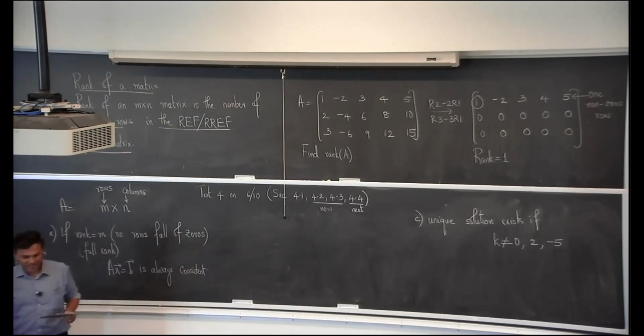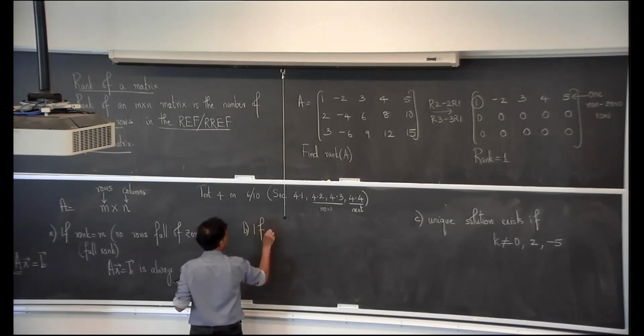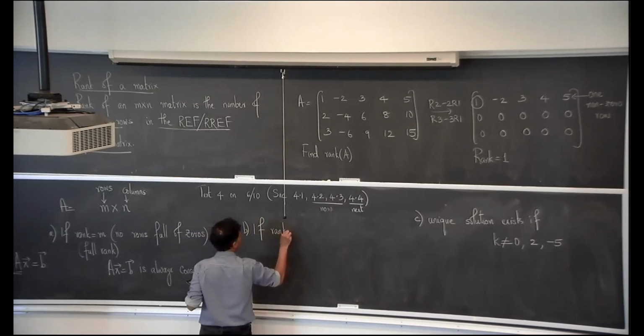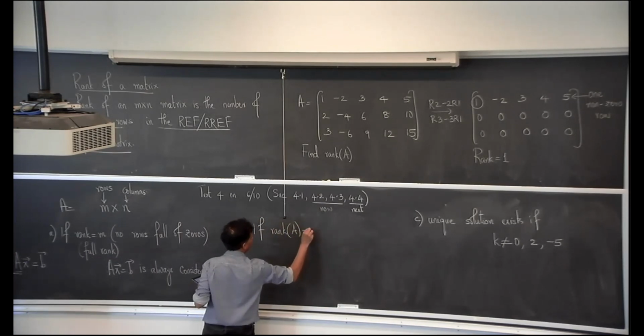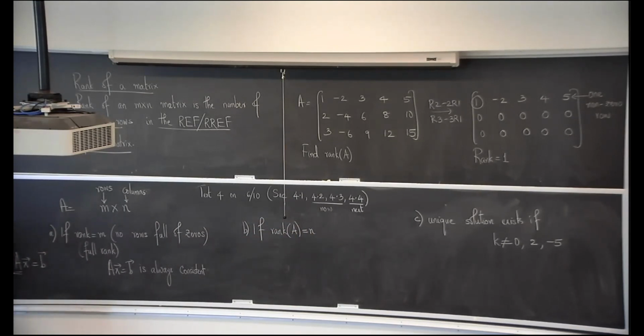And if the rank of A is equal to n, you don't care if m is more than n or n is more than m. What do you think can be a safe statement to make, which is always true? The rank is equal to n.